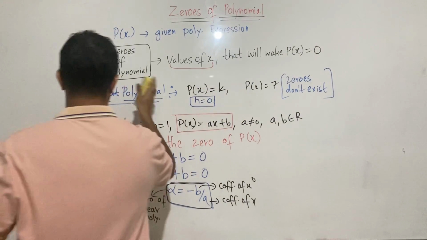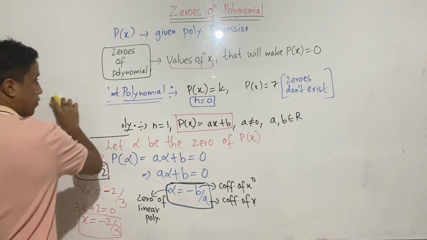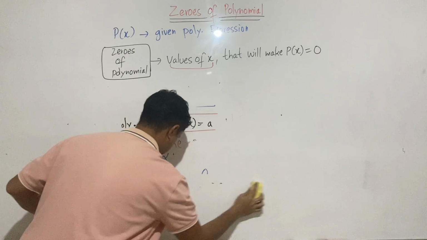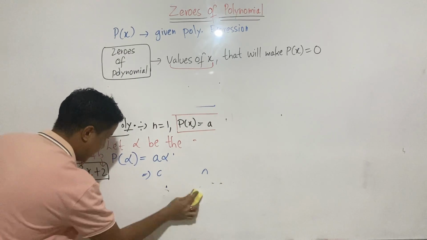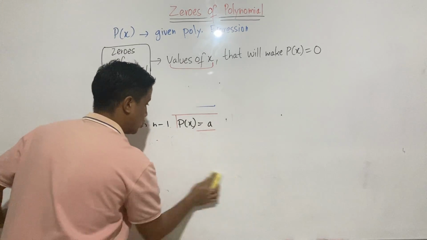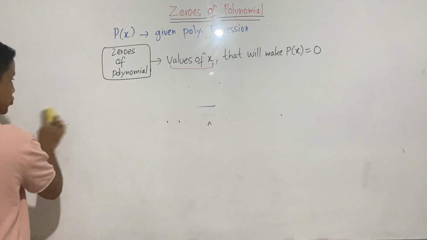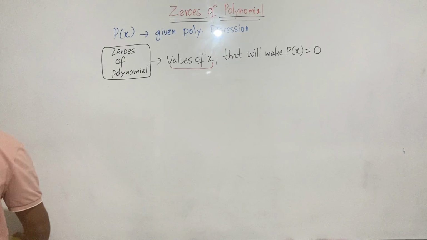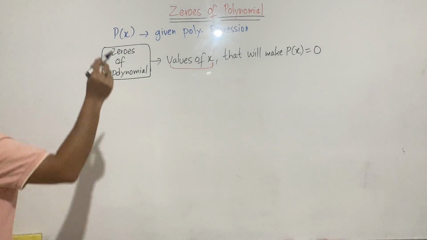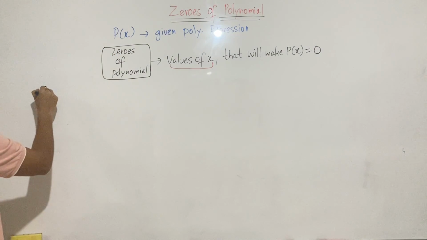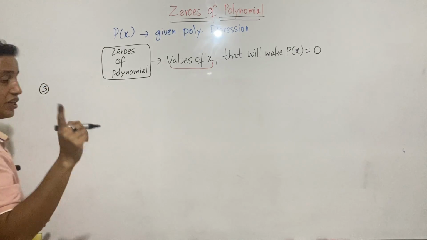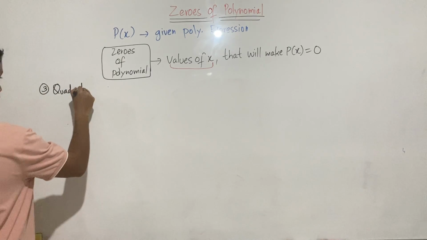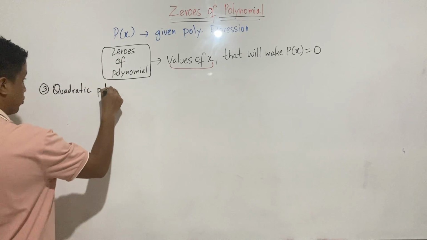The next is our degree 2 polynomial. Number 3 is the degree 2 polynomial, which is the quadratic polynomial.